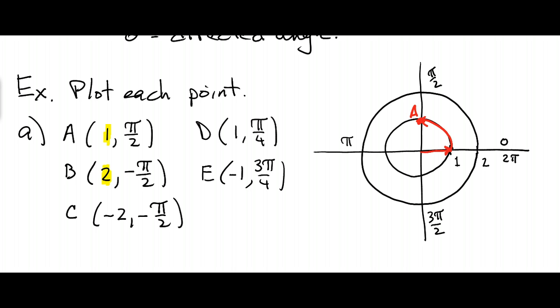Okay, then for point B, I'm going to go out to the second circle, so it's positive, so I'm going to go to the right again, and now I'm going to rotate negative pi over 2.